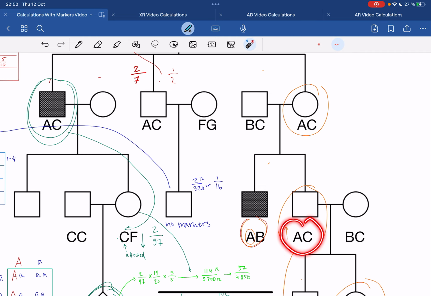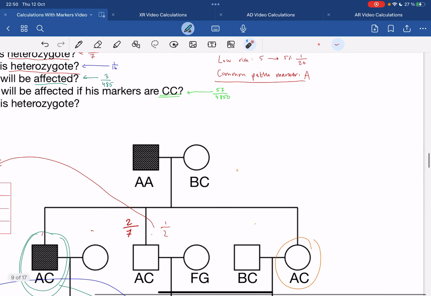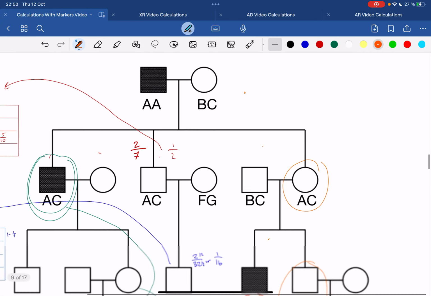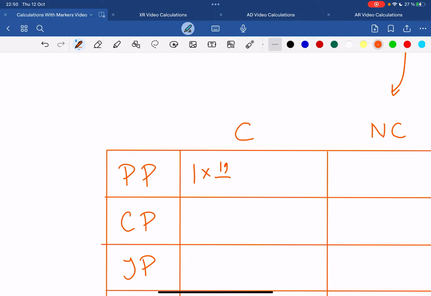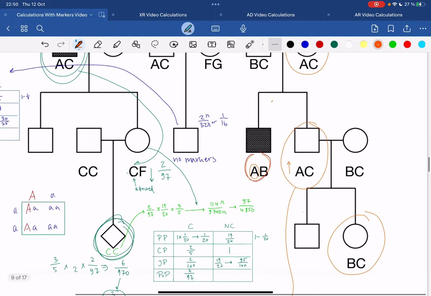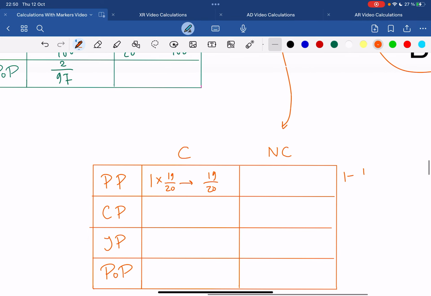However, there's still a chance for crossing over for this to be a C undercover. So there's a high chance that there's 19 over 20. So mother's chance, which is 1 over 19 times 19 over 20, which is 19 over 20. Why is the mother's chance 1? That's because she has an unhealthy son. The non-carrier would just be 1 minus 19 over 20, and that is equal to 1 over 20.